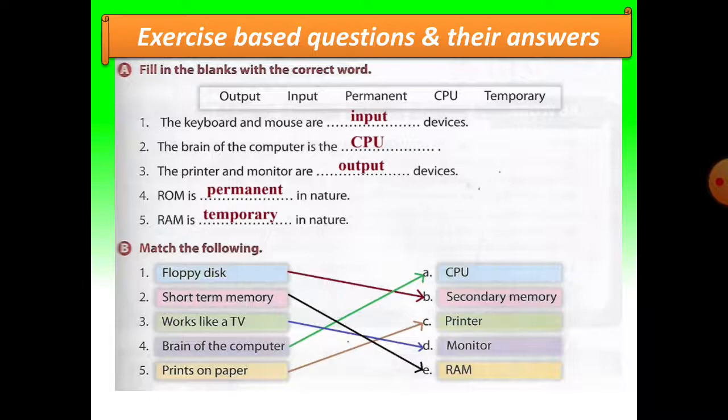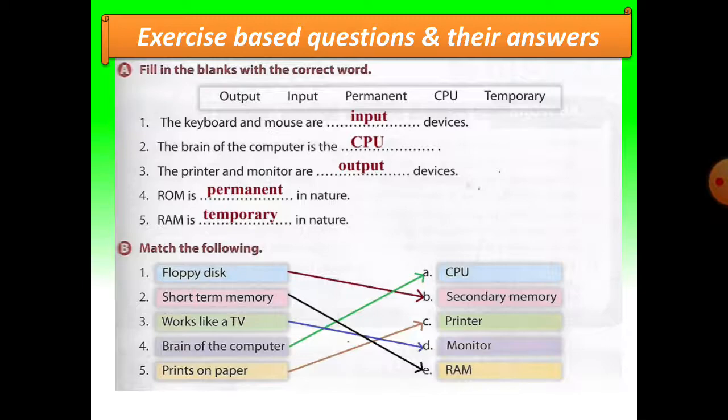Now option B, match the following. First one is floppy disk. Floppy disk is secondary memory. Number 2, short term memory, and short term memory is option E, RAM. Number 3, works like a TV, and this one is monitor.